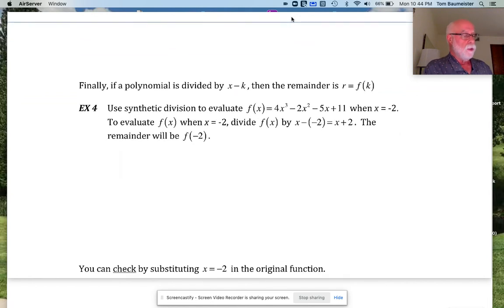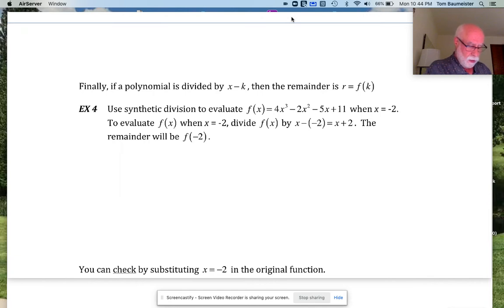So on this one here, again, use synthetic division to evaluate 4x cubed minus 2x squared plus 5x plus 11 when x is equal to negative 2. So to evaluate f of x when x is equal to negative 2, divide f of x by x minus a negative 2, or x plus 2.